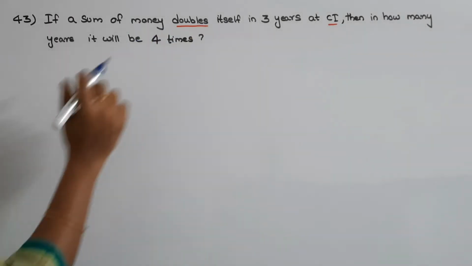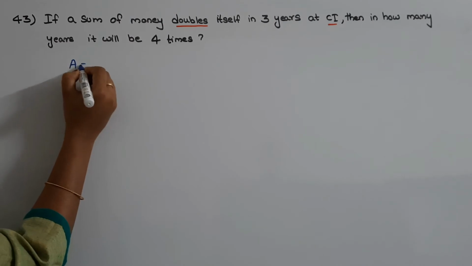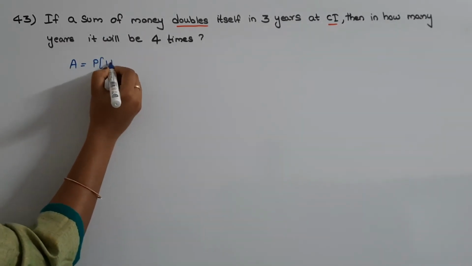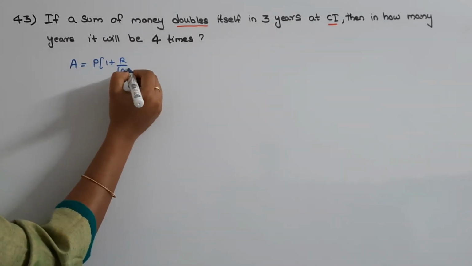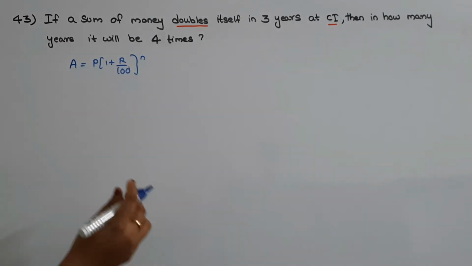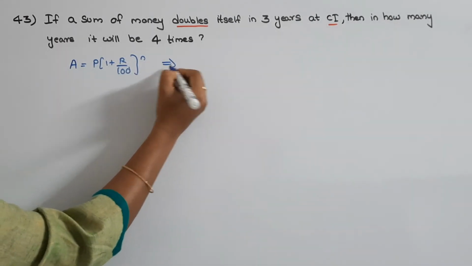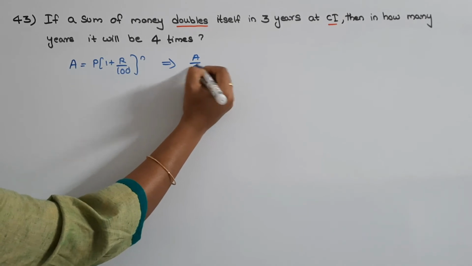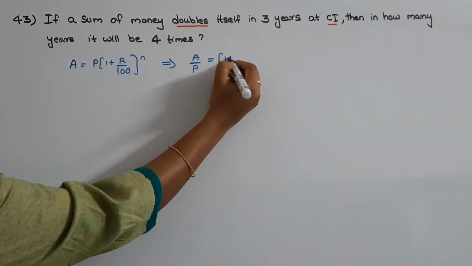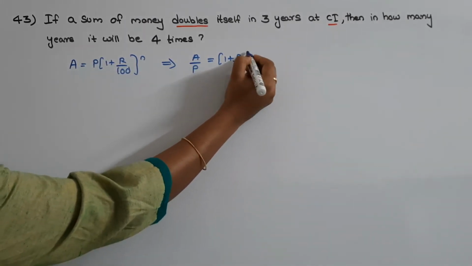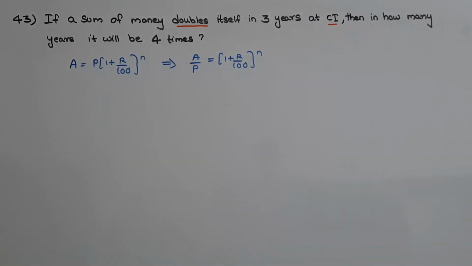So in compound interest we know that amount is equal to principal into 1 plus r by 100 whole raised to n, or we can write this as amount by principal is equal to 1 plus r by 100 whole raised to n.